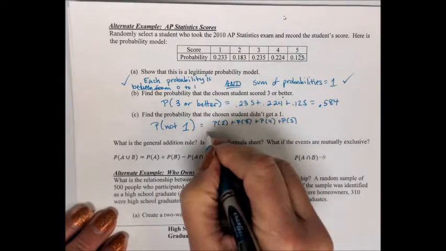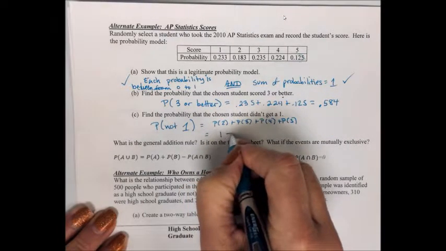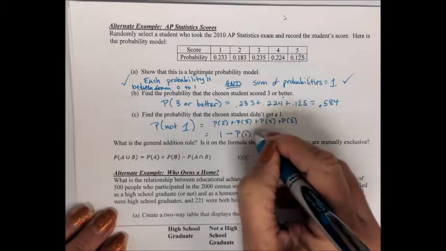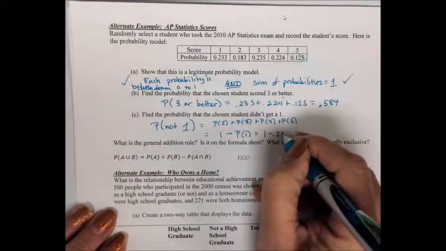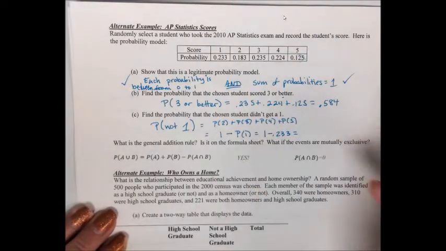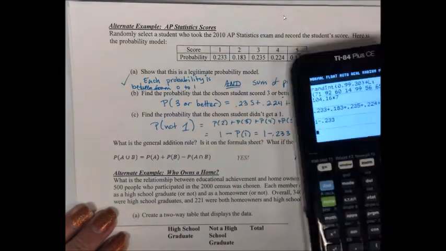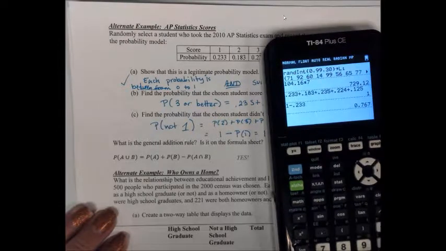So I can just do 1 minus the probability of getting a 1. So 1 minus 0.233 is 0.767. The probability of not getting a 1 is 0.767.